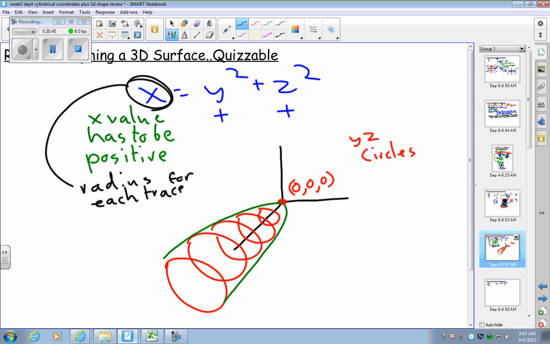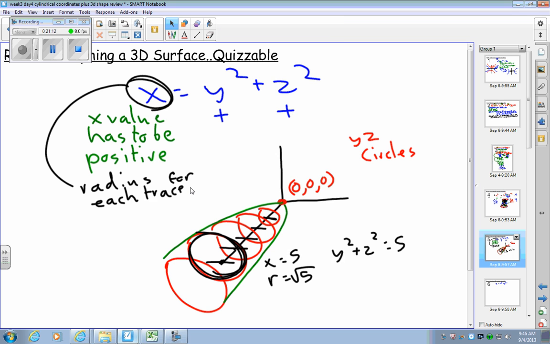So when this is, let's say, at 1, then at 2, and at 3, and at 4, and at 5, if you're at level 5, you already know that if x equals 5, that means the radius is the square root of 5, because you'd be having y squared plus z squared equals 5. Okay, so don't lose sight of that, that the further out on the x, the bigger it gets, because that's the radius determining factor. Okay, we're going to keep looking at some more on the next video.